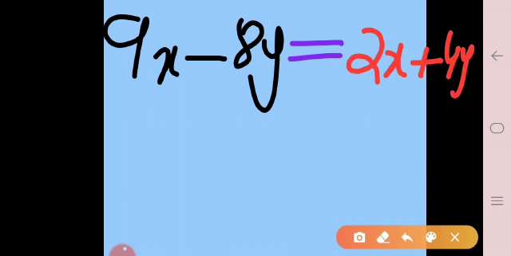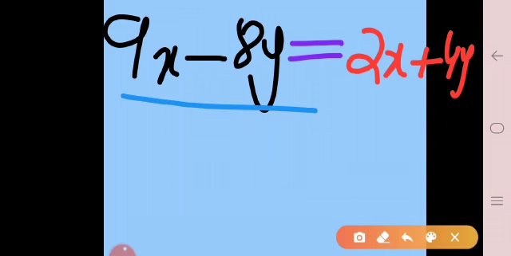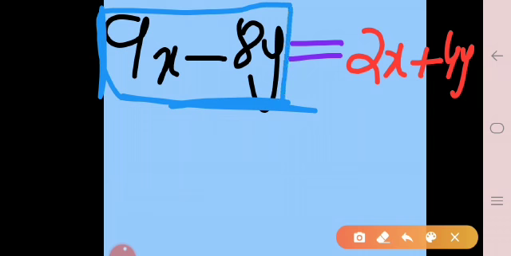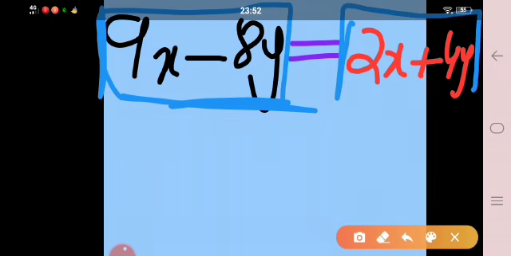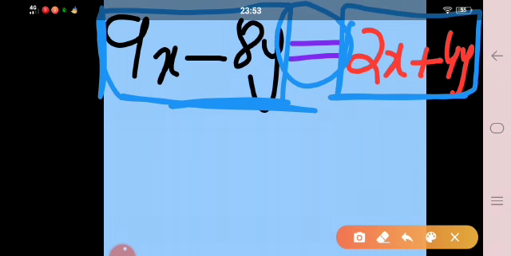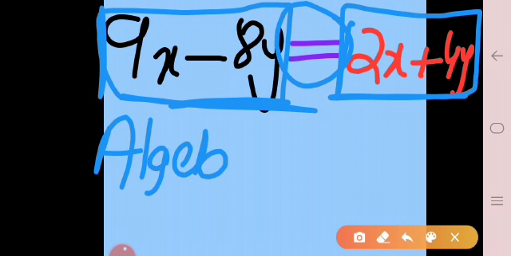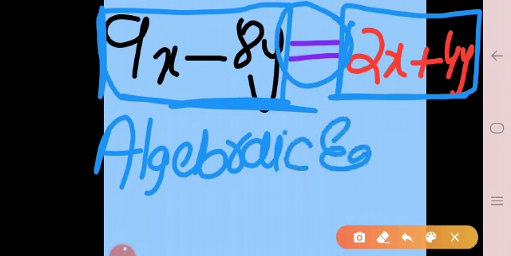So if you see over here, this was my first algebraic expression. This is my second algebraic expression. And now when I join these two algebraic expressions with the help of an equal to sign, which is just in the center, we get a new thing, that is algebraic equation.